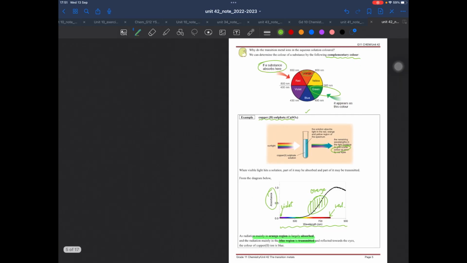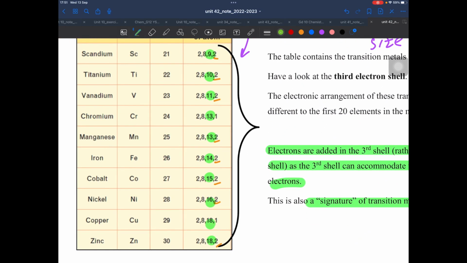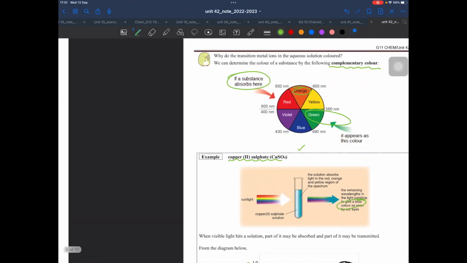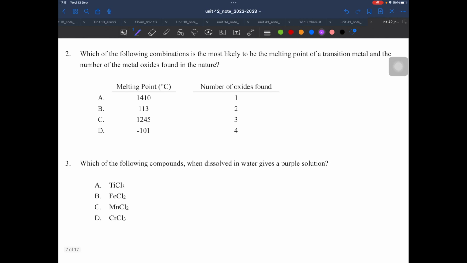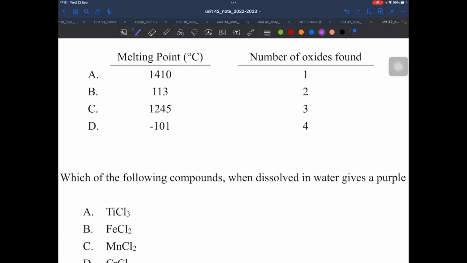So have a quick revision here, right? They are either 1 or 2 at most. So sorry to say, C and D, no, because we can find their group number, right? So all that remains is B. There's nothing special, right? The next one, you compare the melting point of transition metals and the number of oxides found in nature. First of all, surely D is not, because the melting point of D is too low, right? It is not possible to be a metal.